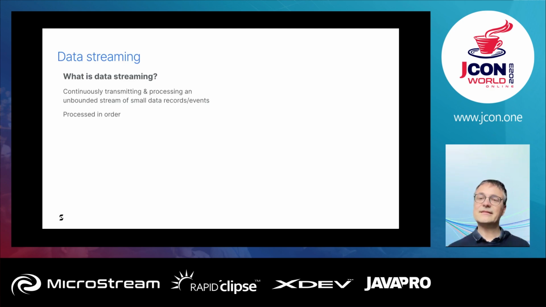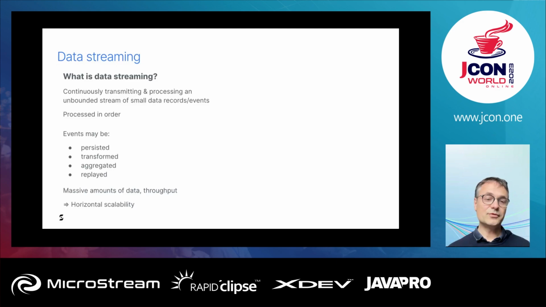The data, let's say these events, can be interlinked together, right? This data may be persisted for a long time, but also be transformed, aggregated, or replayed. You may also need to read millions of records very quickly and perform big catch-up reads. So you need throughput. And streaming platforms can handle a massive amount of data. These platforms scale out horizontally, right?